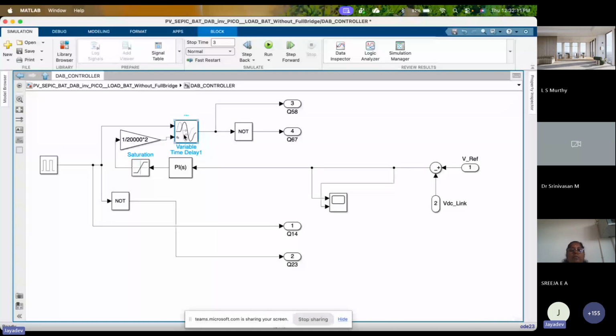This variable time delay takes two signals. One is the reference above, and the signal below takes the reference time period. That time period will be phase shifted from the other one.